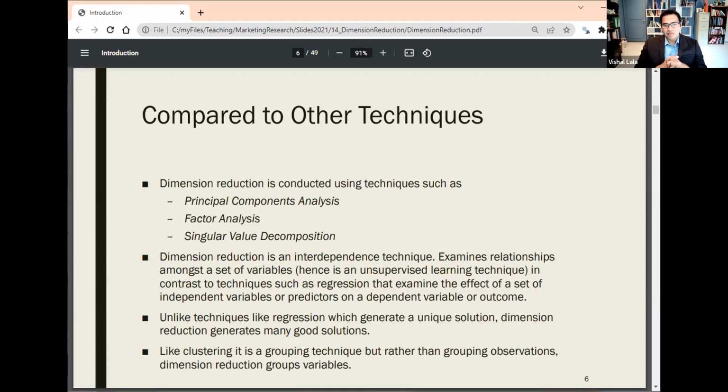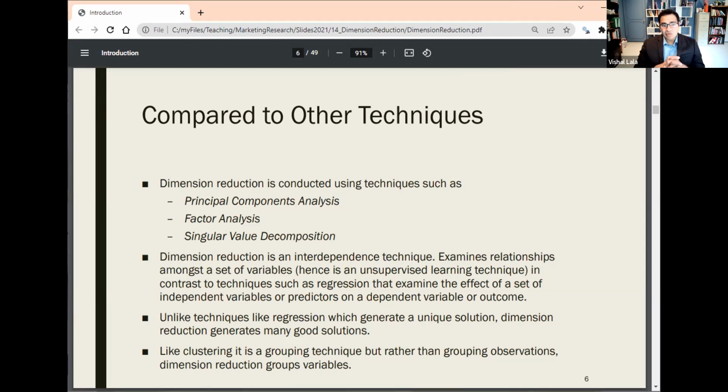Unlike regression-like techniques, there isn't one single perfect solution that the algorithm will converge at. Rather, you're going to get many good solutions from dimension reduction.